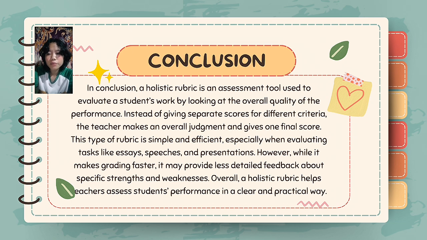This type of rubric is simple and efficient, especially when evaluating tasks like essays, speeches, and presentations. However, while it makes grading faster, it may provide less detailed feedback about specific strengths and weaknesses. Overall, a holistic rubric helps teachers assess students' performance in a clear and practical way.